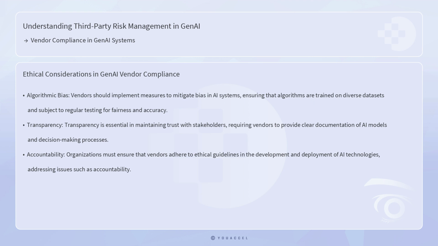Vendors should implement measures to mitigate bias in AI systems, ensuring that algorithms are trained on diverse datasets and subject to regular testing for fairness and accuracy. Transparency is essential in maintaining trust with stakeholders, requiring vendors to provide clear documentation of AI models and decision-making processes. By prioritizing ethical considerations, organizations can enhance the credibility and reliability of their AI systems.